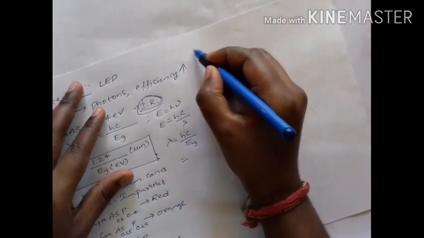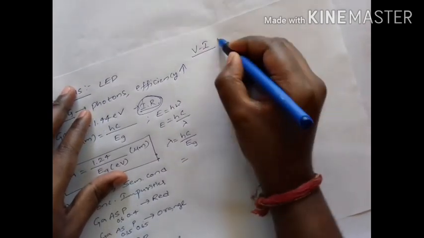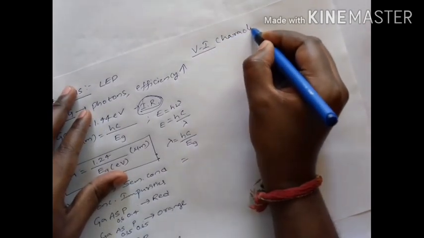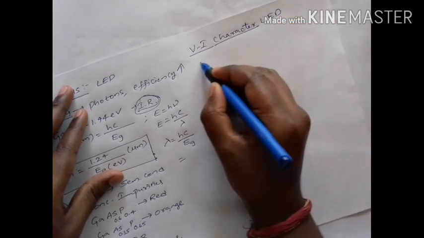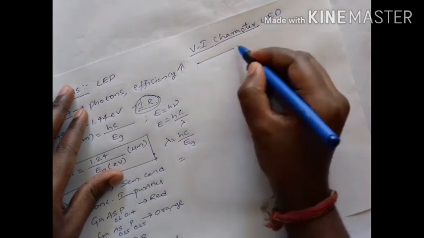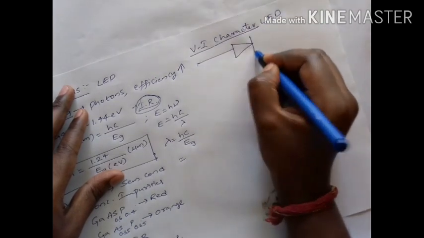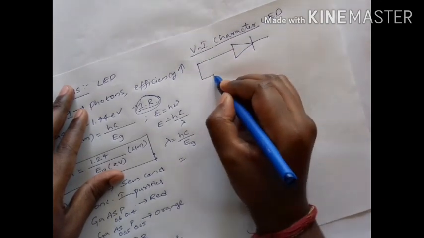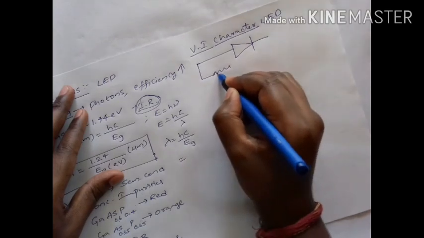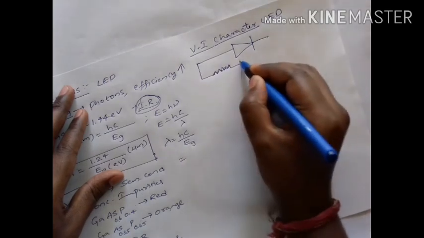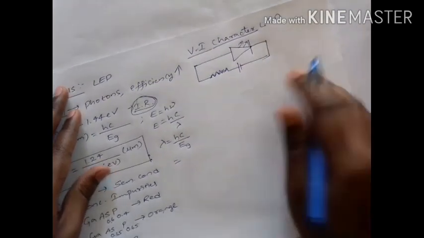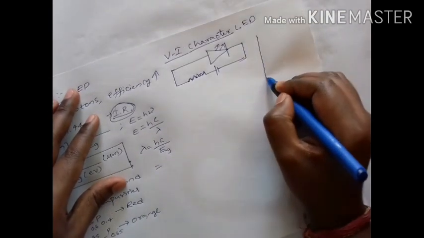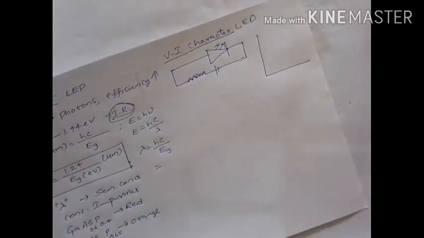Next topic is the VI characteristics of LED. If we connect this LED with the help of a resistor in forward bias, then we can plot the VI characteristics.